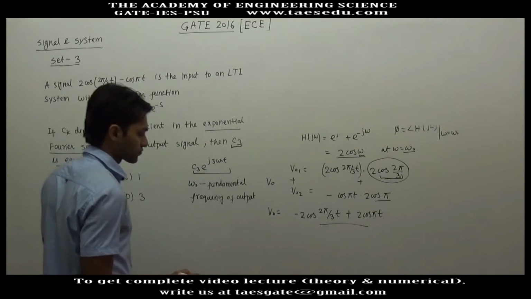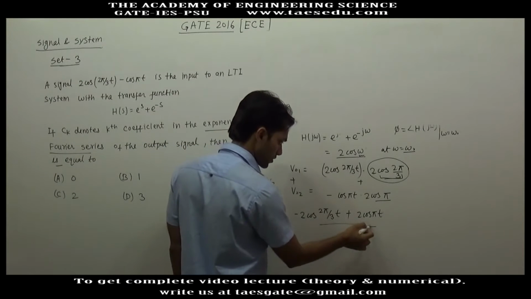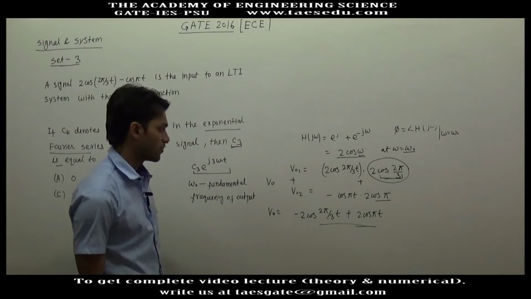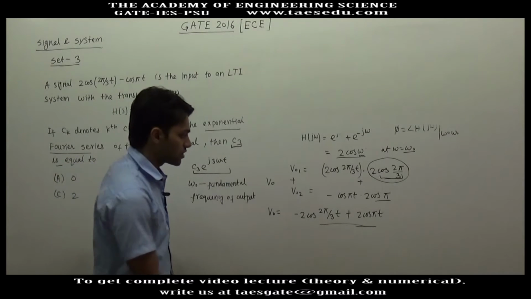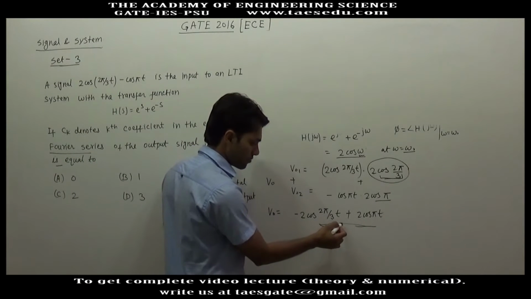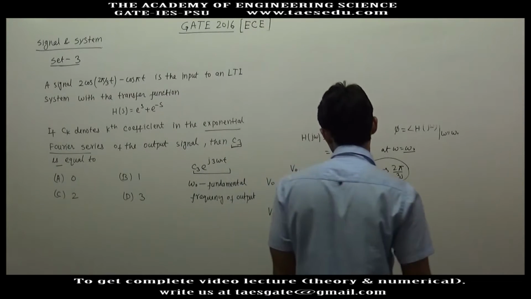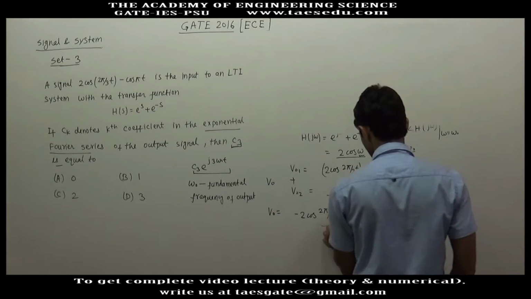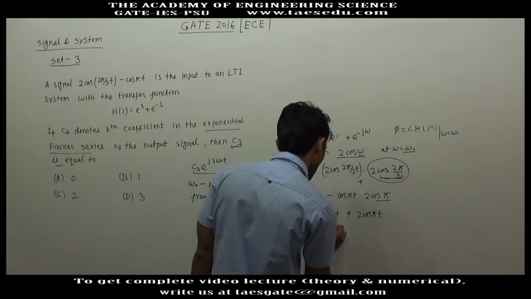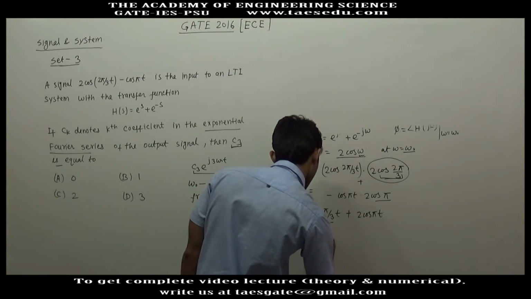So first we will have to find out the fundamental frequency. What will be the fundamental frequency? Each frequency component will be an integral multiple of the fundamental frequency. Let's say 2 pi by 3 is the fundamental frequency.